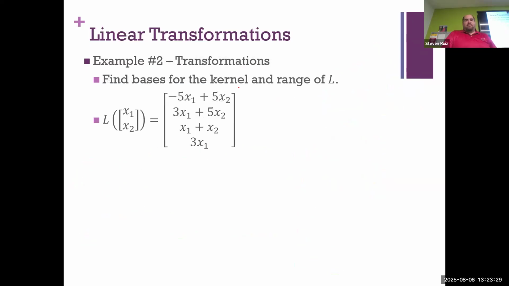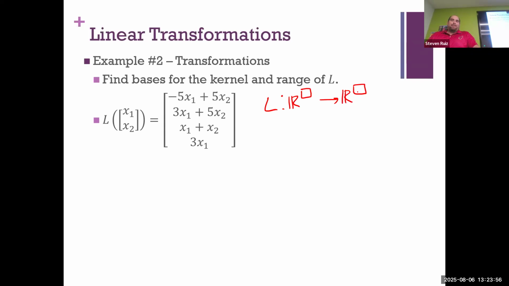Let's do another. Let's find bases for the kernel and range of this thing. Let me ask this question first. What is our transformation? What does it act on, and what does it yield?